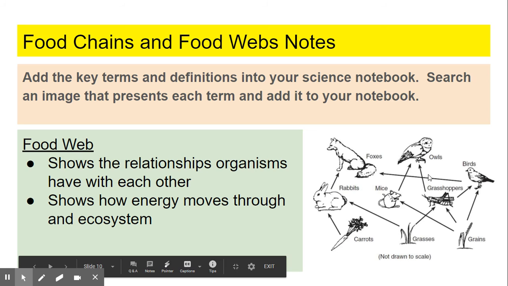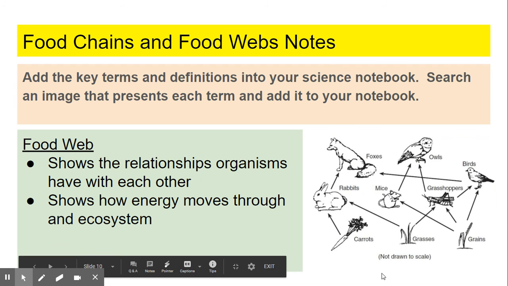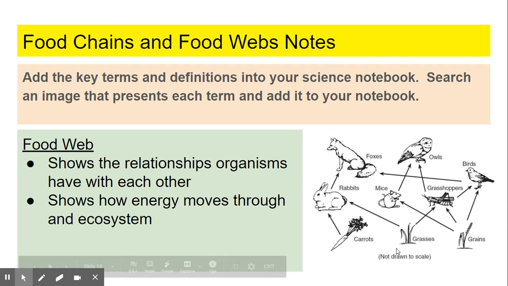Again, we'll talk about these arrows. There's an importance, a significance, about the arrows and the directions of the arrows. With a food chain, it's just a single relationship between certain species. A food web shows the relationship with all the species in the ecosystem.